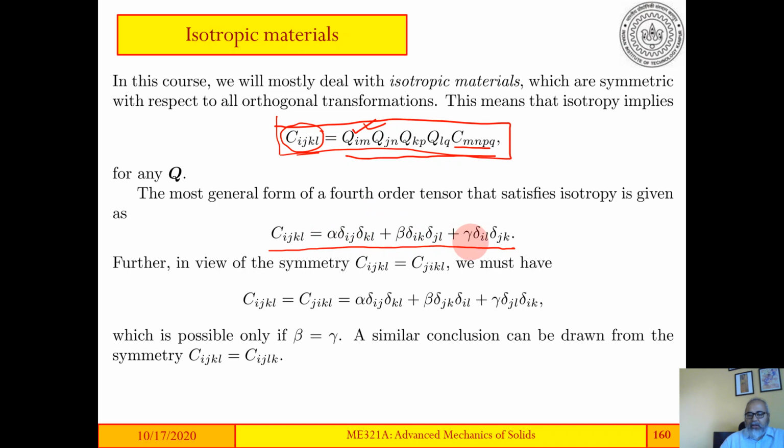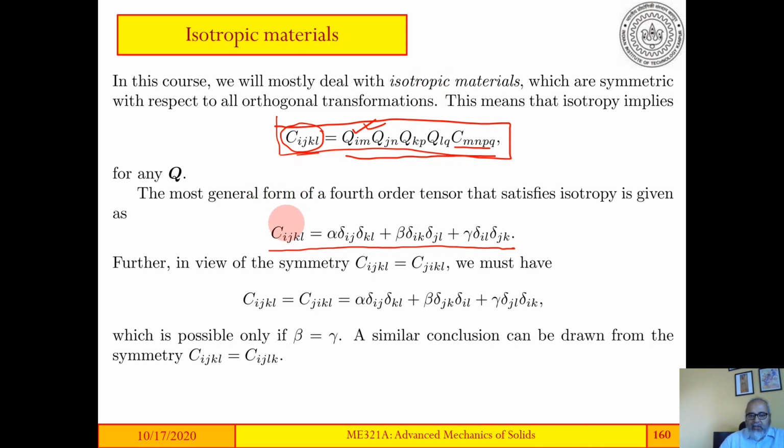Alpha, beta, and gamma are arbitrary constants. You can have any values of alpha, beta, and gamma, and you will get a completely general fourth order tensor, which will not have any preferred directions, any rotation or deflection will lead to the same sets of values of the elastic constants.